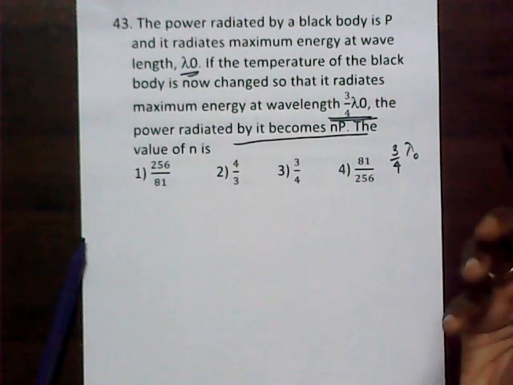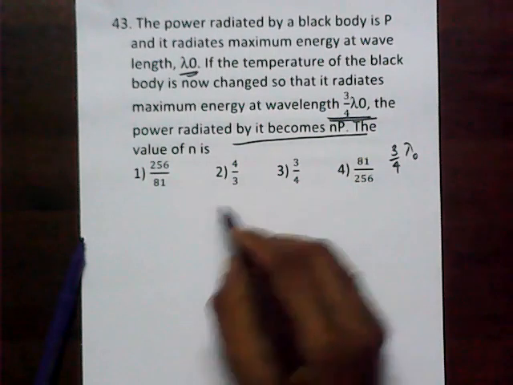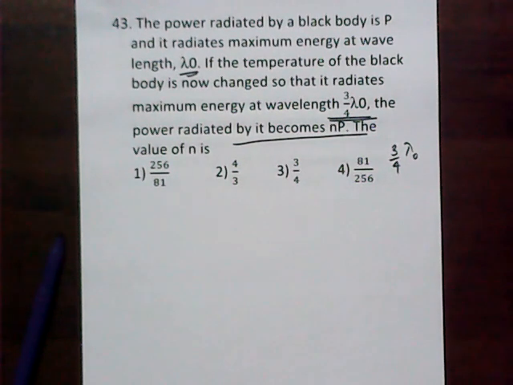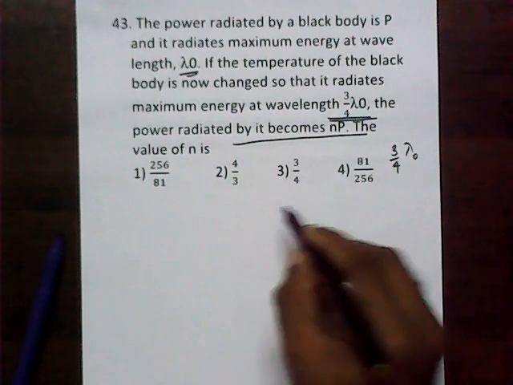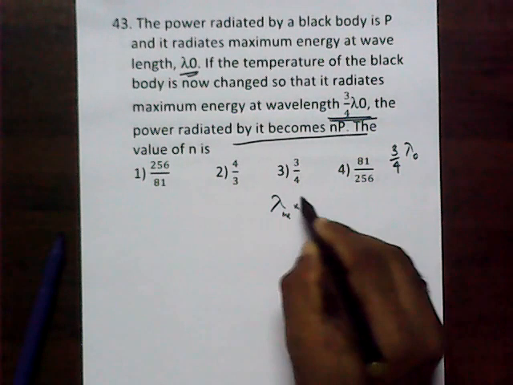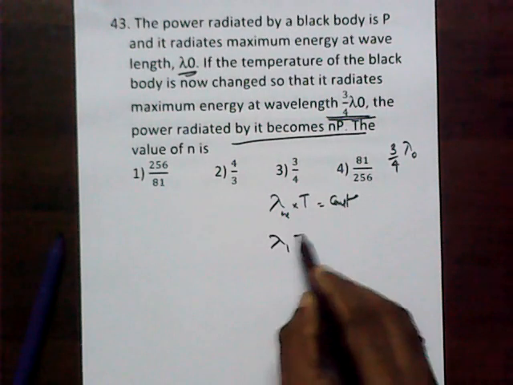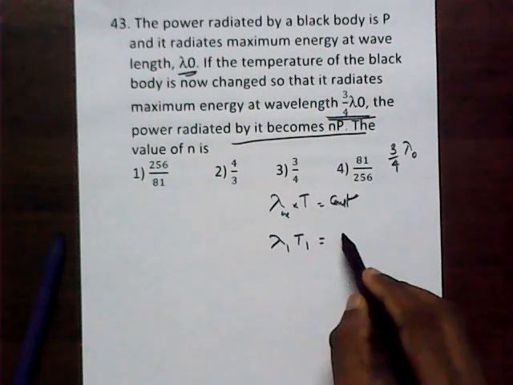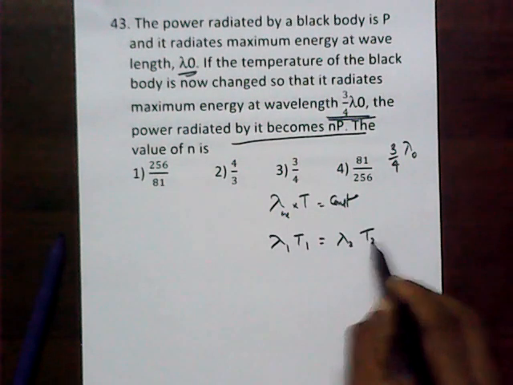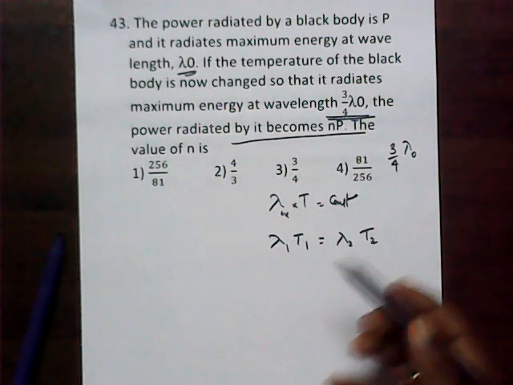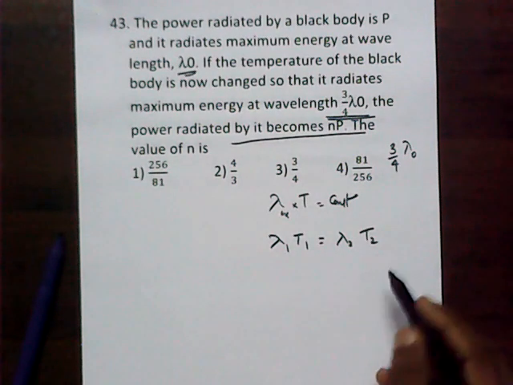So simple concept. At first, you should know what is Wien's displacement formula. It is a very important concept. So from that, the maximum wavelength into temperature is a constant. For the two situations, we can write lambda 1 T1 equal to lambda 2 T2. So from that, we can find simply the ratio of the two temperatures.